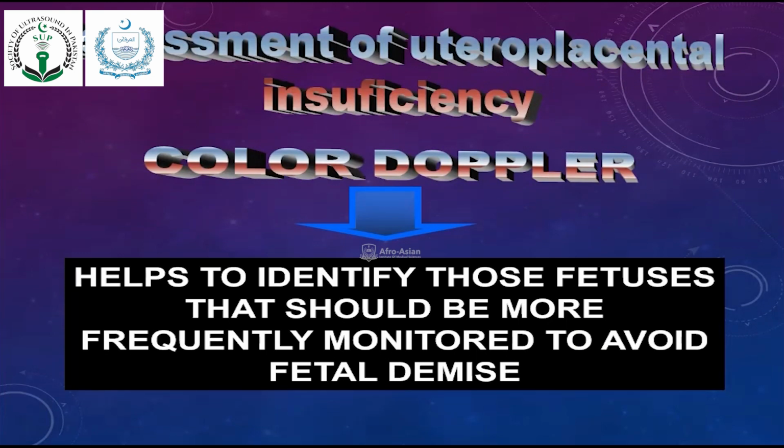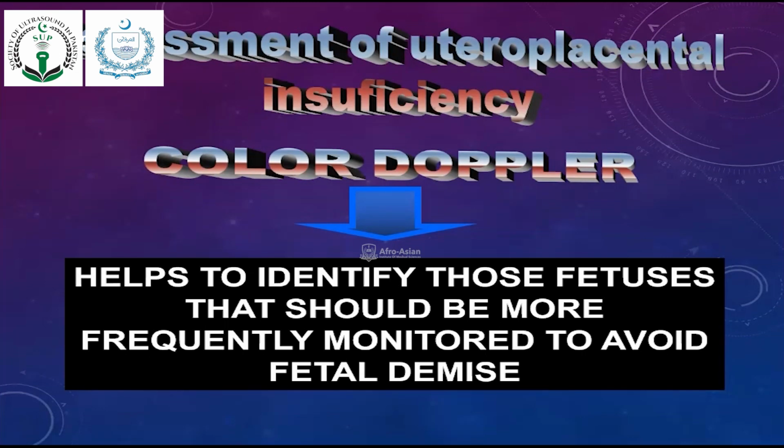If we look at the assessment of uteroplacental insufficiency on color Doppler, it helps to identify those fetuses that should be more frequently monitored to avoid fetal demise. So color Doppler is very beneficial in diagnosis and follow up when the diagnosis of uteroplacental insufficiency or IUGR is already established.